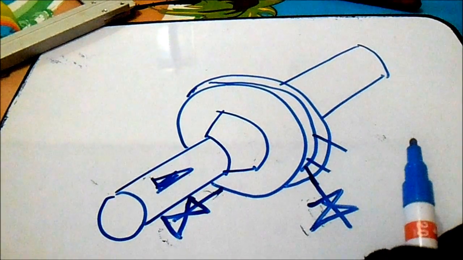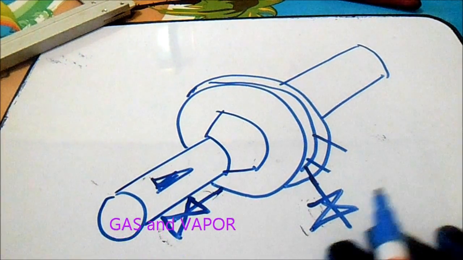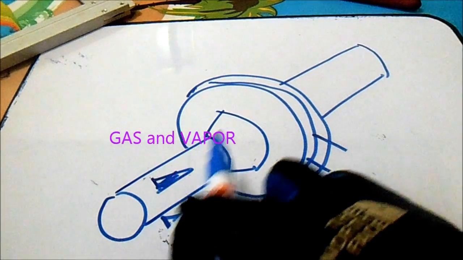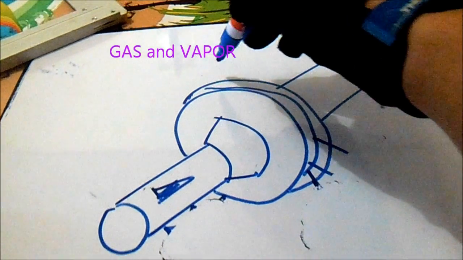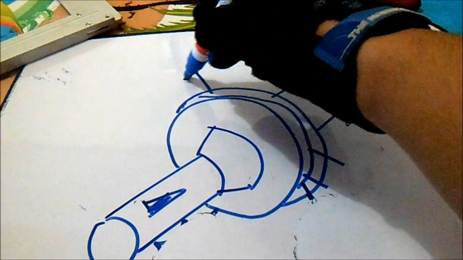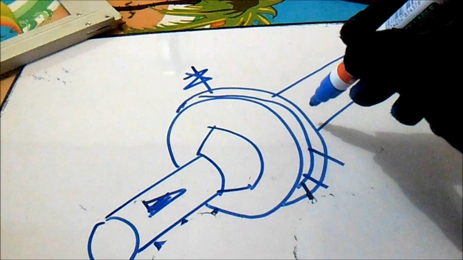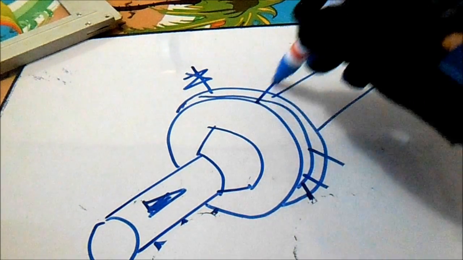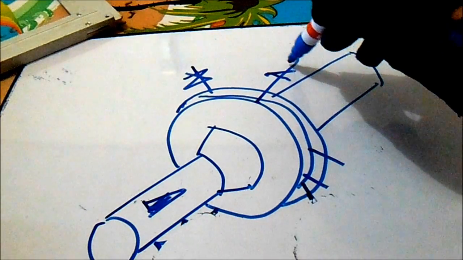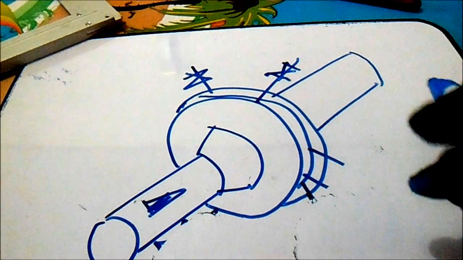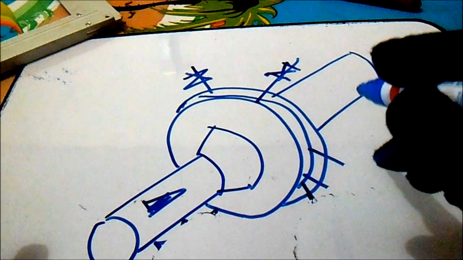Now if the line is gas, our bulb is from the top. So this is gas and vapor.